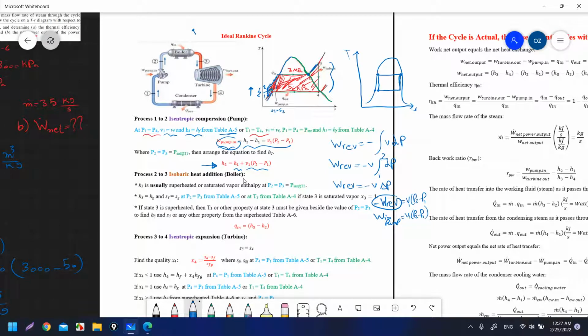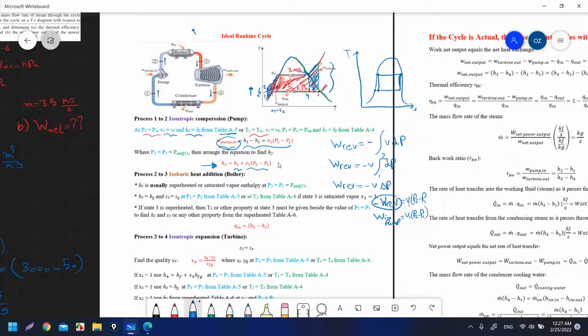But it is better that we have superheating, because if I didn't do superheating, the area will be like this. I will go down, this one will be 3 and this one will be 4, and I will lose all this area. This area comes from the superheating, and if I didn't do the superheating, I will lose the area, and the area means work net, and work net means thermal efficiency will decrease. Okay, because the work net decreased.